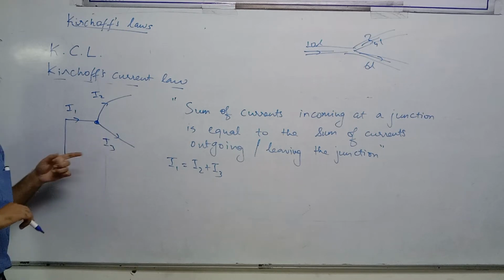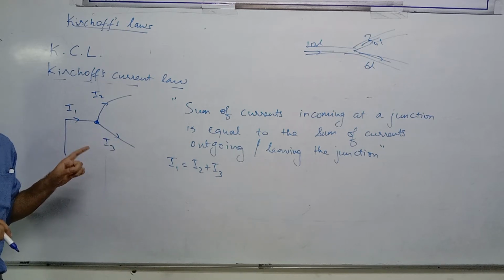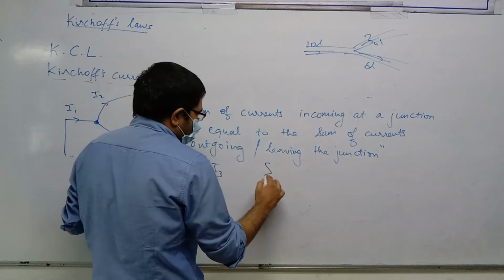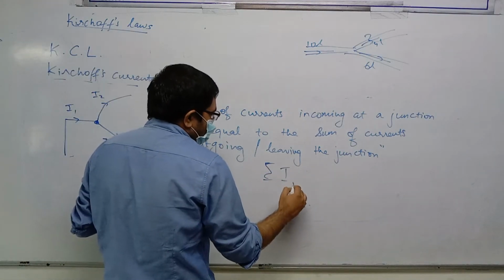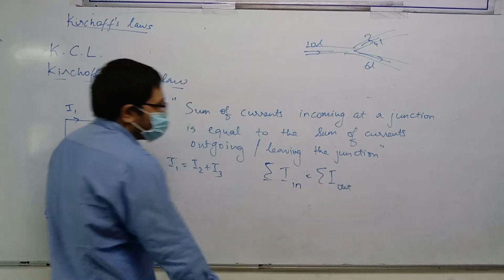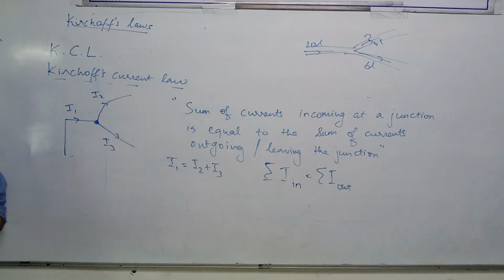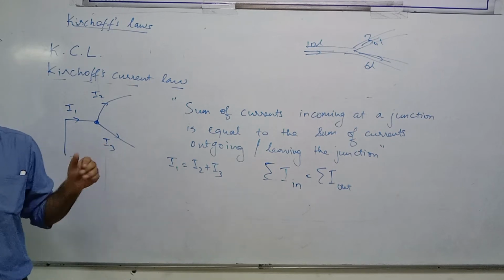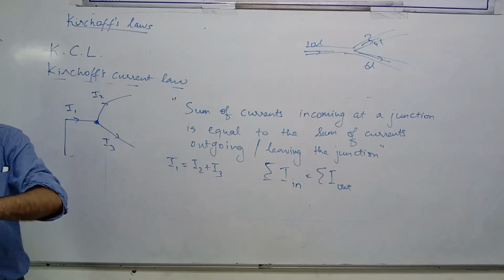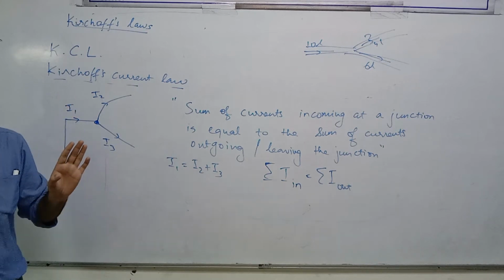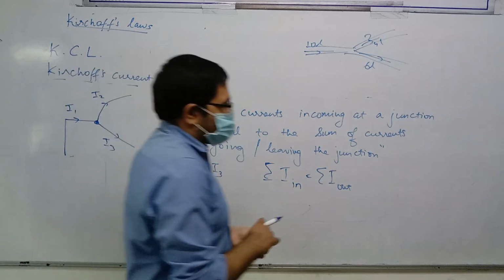So you can write this symbolically as sigma I incoming equals sigma I outgoing. In your textbook, it is not written in this form, but the meaning is the same; the words used are different. I'll make you read it from the book and the topic is complete. Is that clear? Let's try a couple of simple examples.